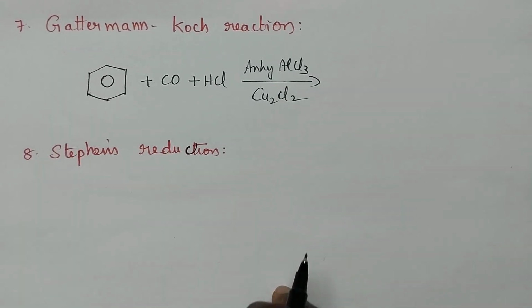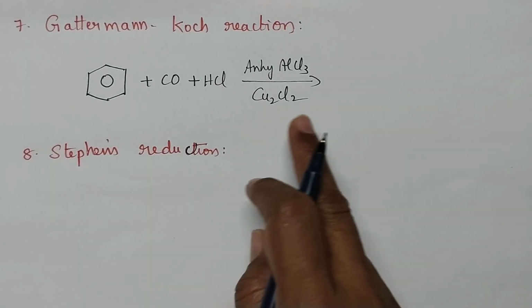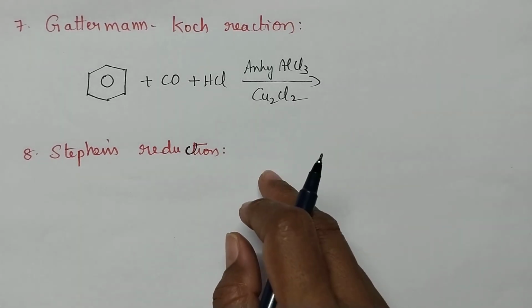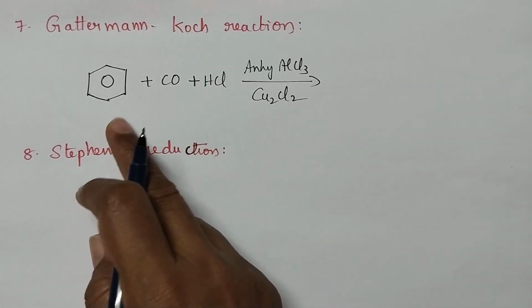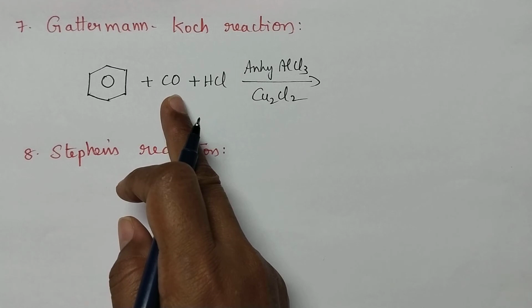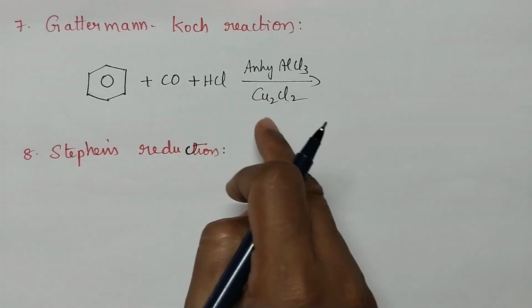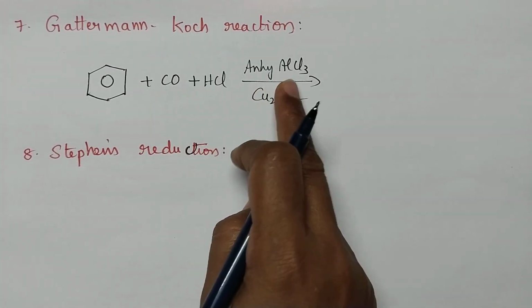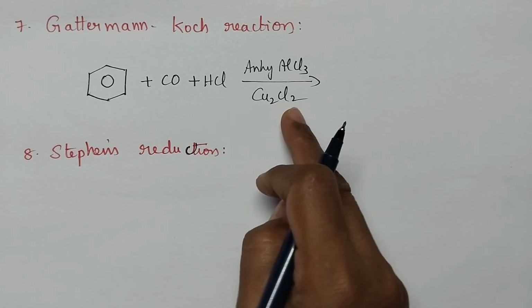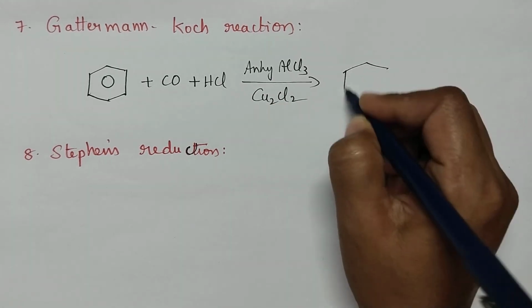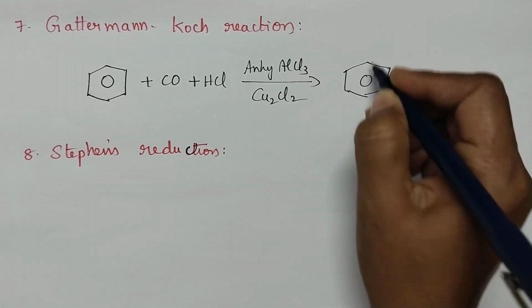So whenever we use cuprous chloride, at room temperature only the reaction takes place. So benzene on treatment with carbon monoxide and HCl in the presence of anhydrous AlCl3 and cuprous chloride results in the formation of benzaldehyde.